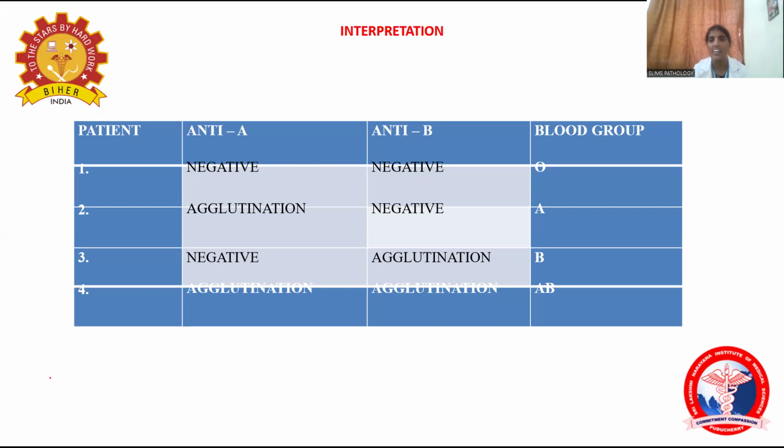It needs A antigen. So when the patient is A blood group, anti-A should show a reaction, that is positivity. So you can see here the blood group is A. In the same way, if anti-B is showing agglutination, it is B blood group. And if you see agglutination in both anti-A and anti-B, it means both antigens are present in the sample. So it is AB blood group.